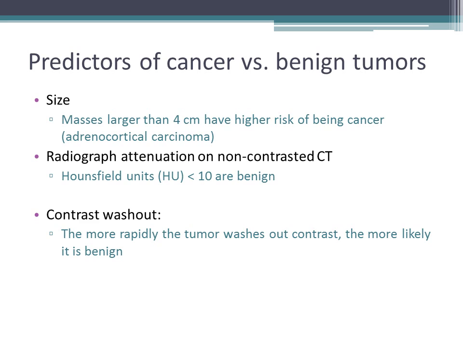So, predictors of cancer versus benign tumors. First, the size. Masses larger than 4 centimeters have a higher risk of being cancer, and the cancer we're talking about is adrenocortical carcinoma. Radiograph attenuation on non-contrast CT. This is a unit that the radiologists utilize to give us the attenuation or density, pixel density, on that area of the adrenal tumor.